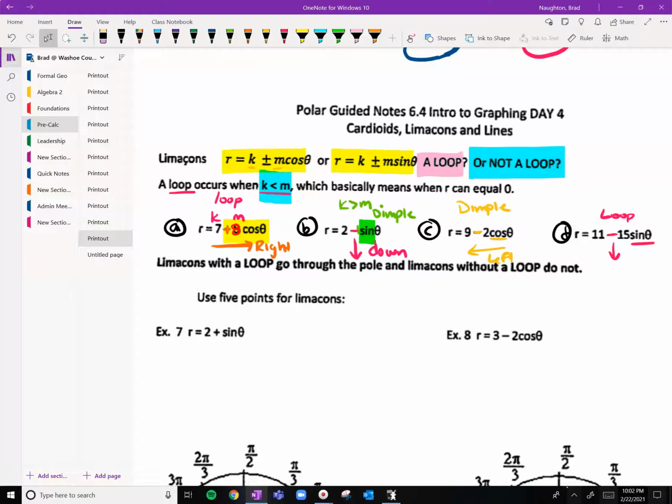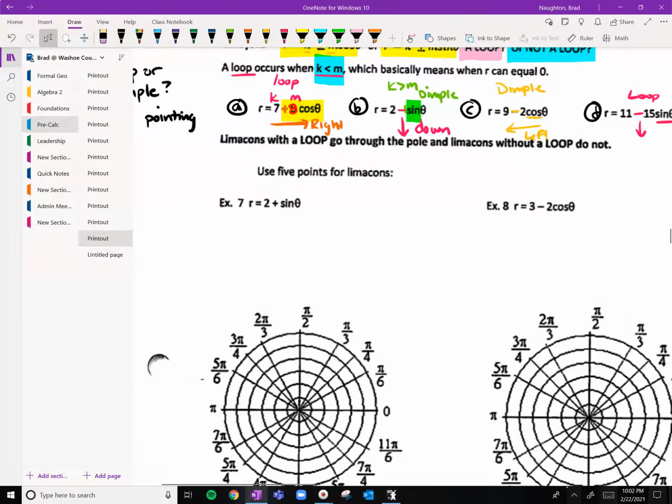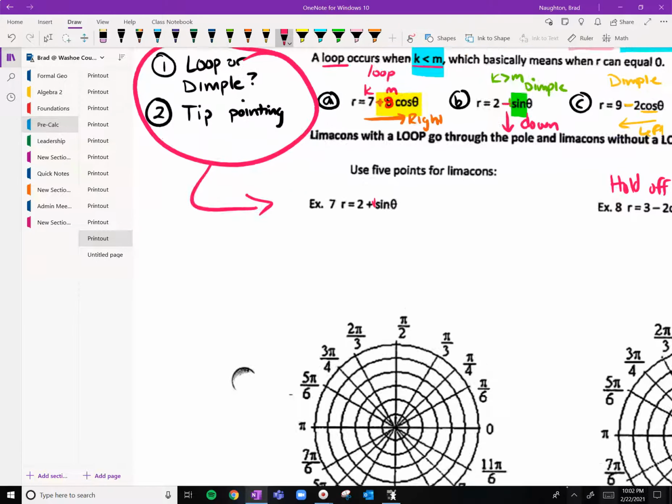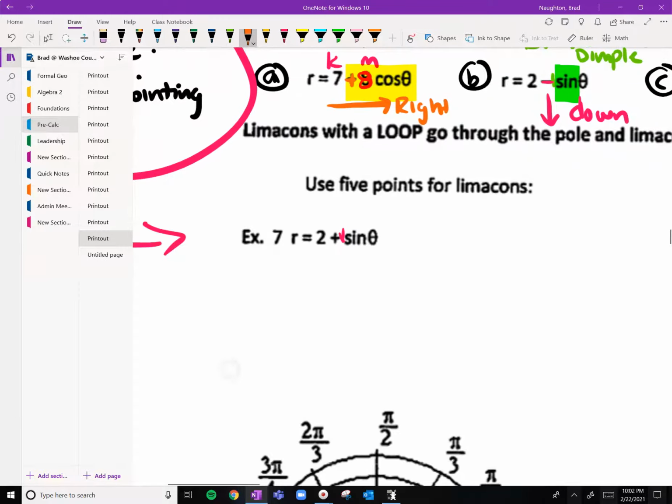All right. So, ladies and gentlemen, what I first want you to do is take this and apply it right here. So hold off on this one because we're going to change this one in just a second. So I have r is equal to 2, and then I'm going to put a 1 in there because it's an assumed 1. And so I'm going to say, alrighty, the first thing I'm going to notice is that this is a dimple because my constant here is larger.